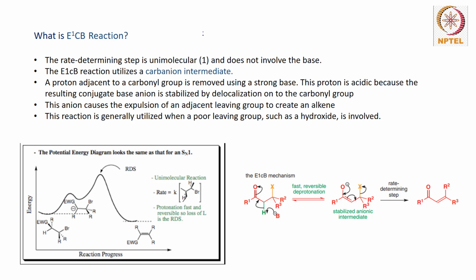So E1 means carbocation, that is positive, and E1CB means carbanion, means negative. Okay.